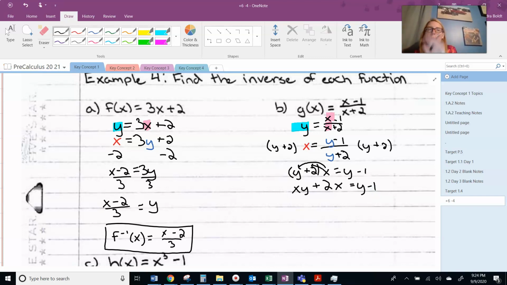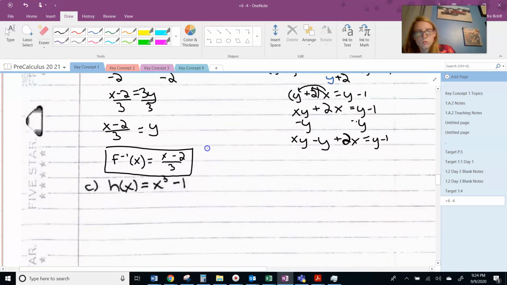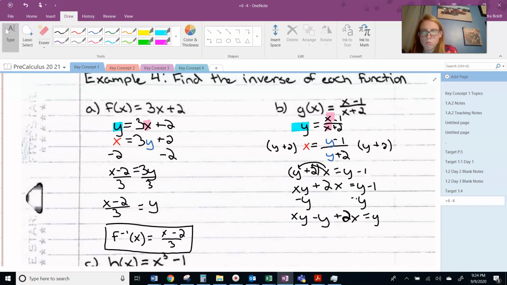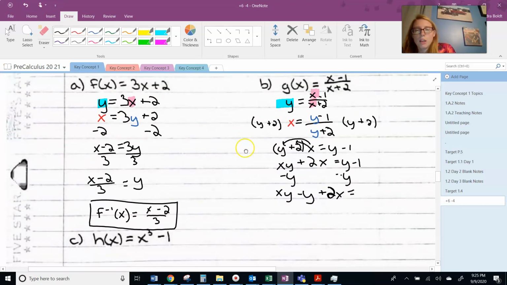If I'm solving for y, I want anything that has a y on one side and anything that doesn't have a y on the other side. So I'm going to subtract y. So I have xy minus y. Oh, wait. Xy minus y. Those cancel out, so I just have negative 1.